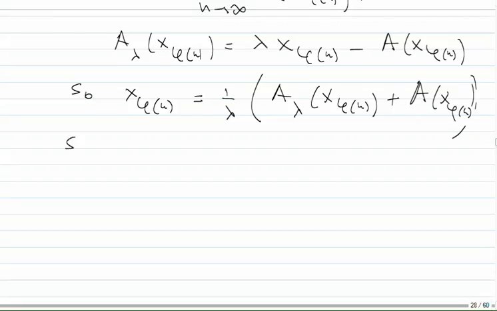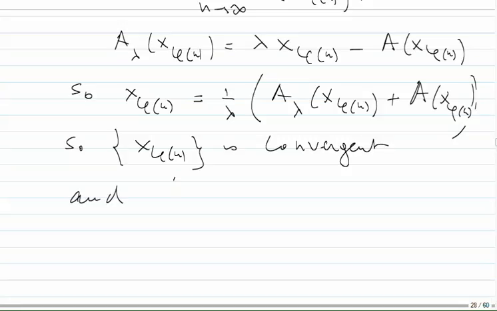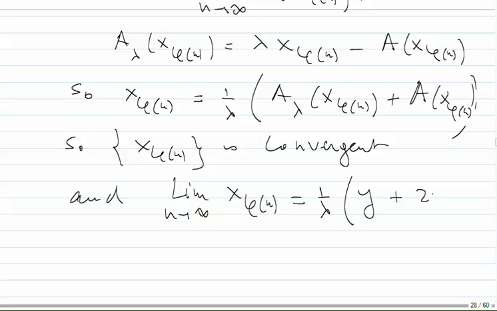So we conclude that x_phi(n) is convergent and the limit of x_phi(n), when n goes to infinity, is equal to 1 over lambda times (y plus z). Okay? So this uses the fact that both sequences are convergent: this one here converges to y, the subsequence converging to the same limit, and this one is convergent to z.